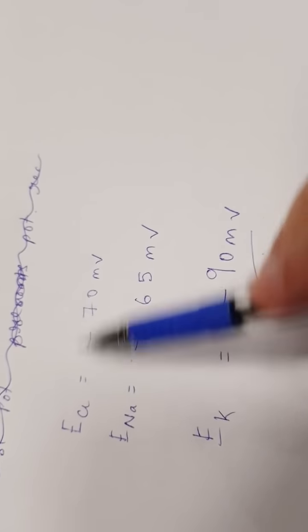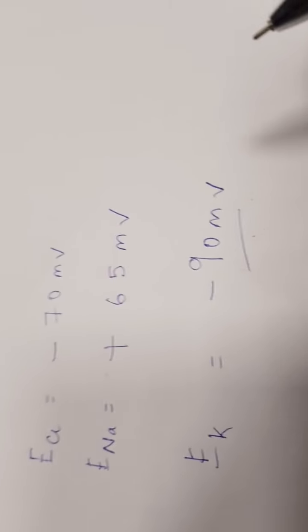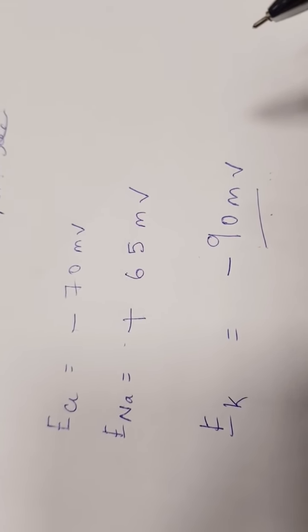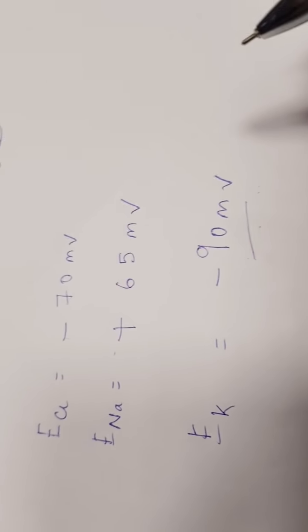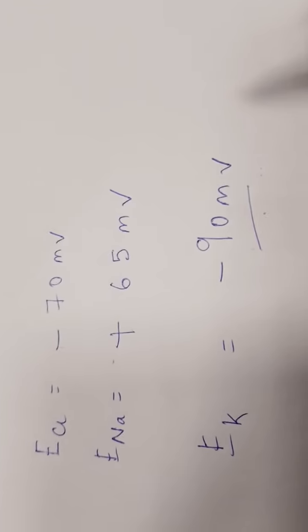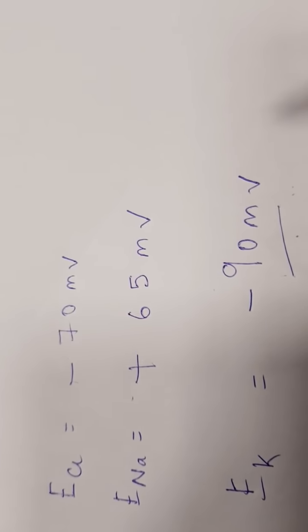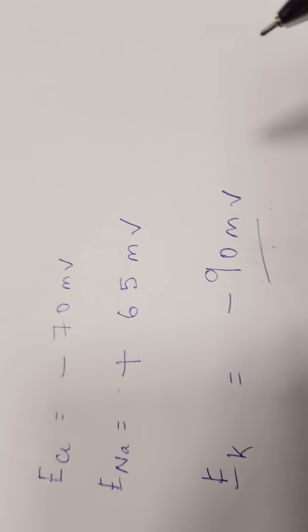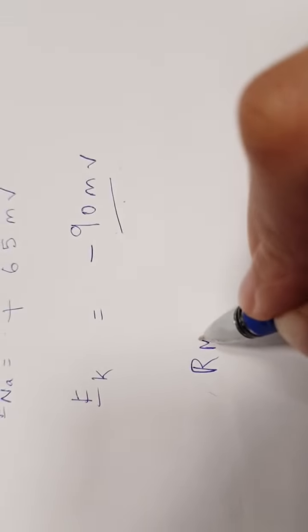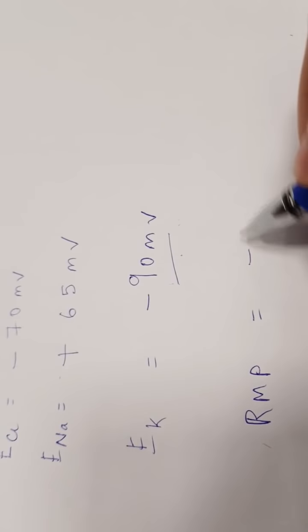Chloride cannot actually contribute anything to the resting membrane potential because it does not have any pump of its own, and it distributes itself across the membrane in accordance with the RMP. So what is happening? The RMP calculated is about minus 70 millivolt.